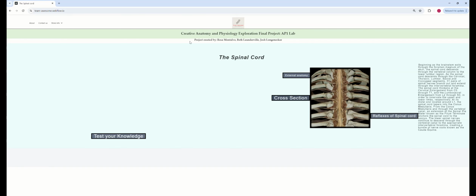Which space separates the vertebral column and dura mater? The epidural space. True or false? The denticulate ligaments anchor the spinal cord directly to the vertebral column. False. The denticulate ligaments anchor to the dura mater.